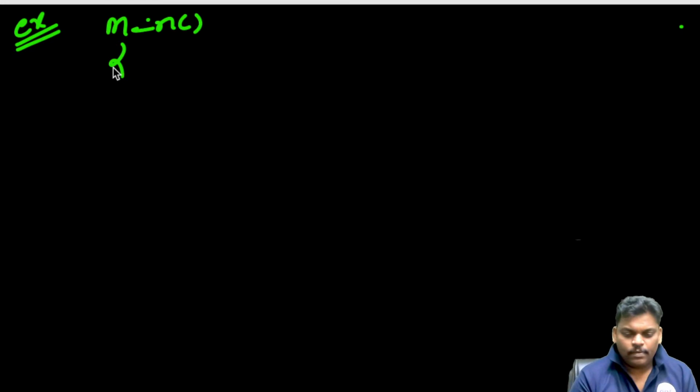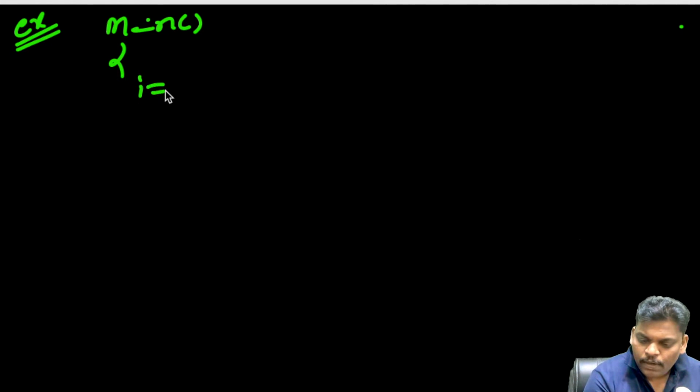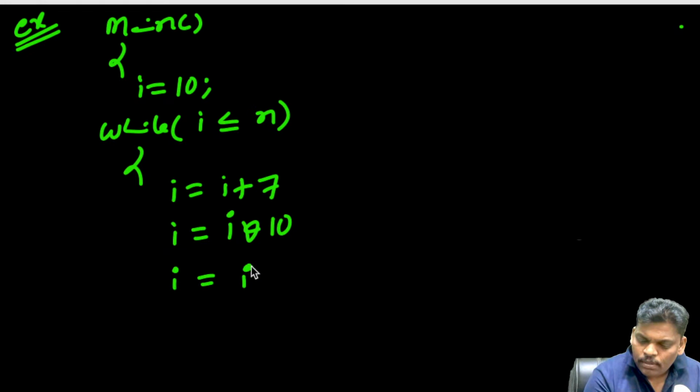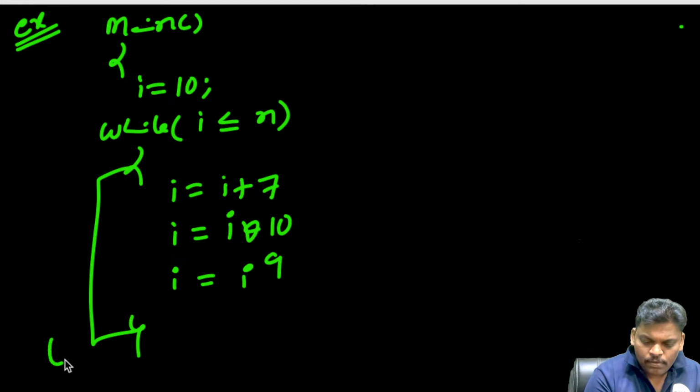Next example. Main: i = 10; while i <= n: i = i + 7; i = i * 10; i = i ^ 9.